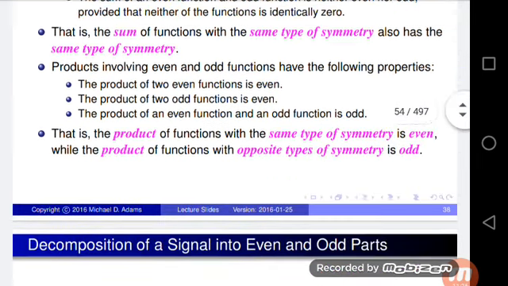At the same time, the product of two even functions is even, the product of two odd functions is even, and the product of an even function and an odd function is odd. So the products differ from the sums, and all are used to explain the behavior of signals.